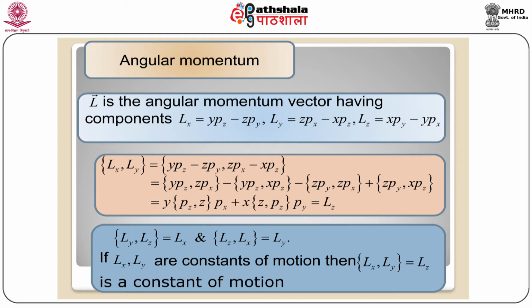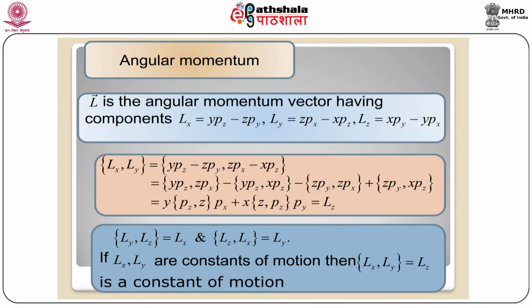Now, the Poisson bracket of Lx with Ly: we have written the values of Lx and Ly already obtained, and putting these values we get the result which has been written on the right hand side of this line.